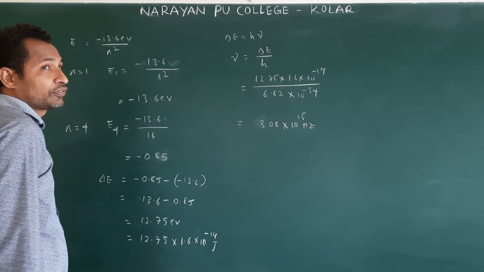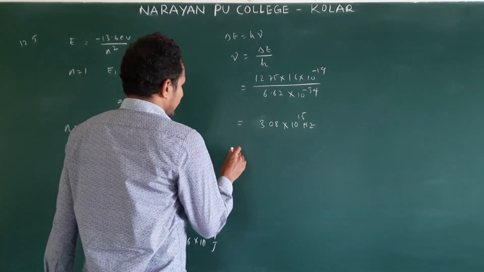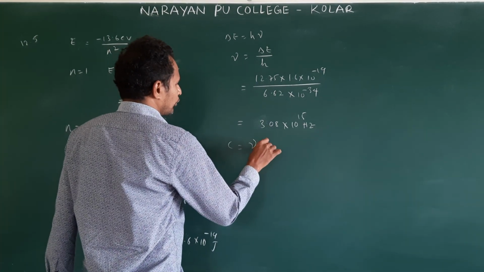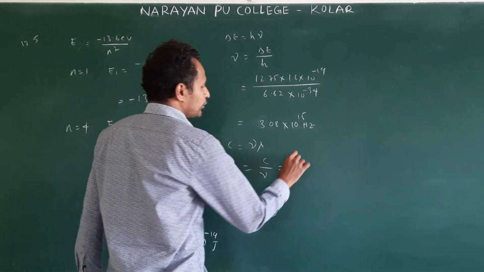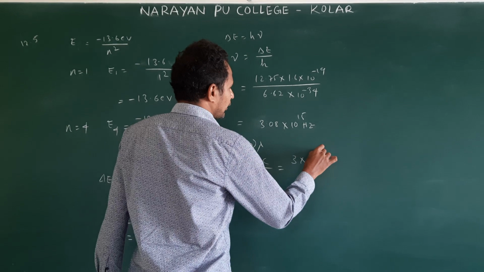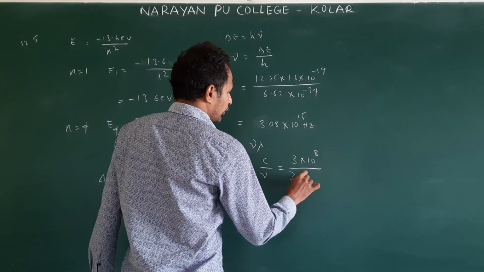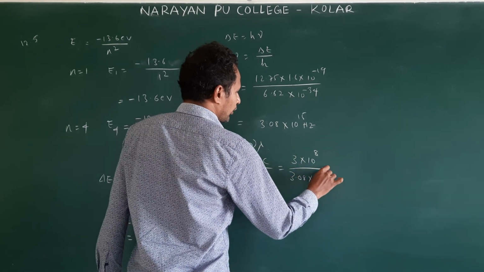This is frequency. For wavelength, c is equal to nu lambda. Lambda is equal to c by nu. C value is 3 into 10 power 8 by 3.08 into 10 power 15.